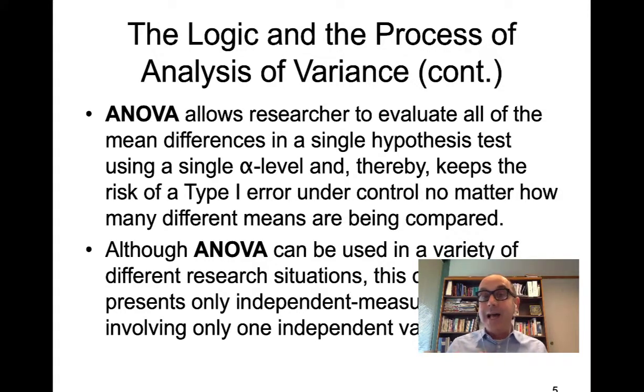Although ANOVA is used in a variety of different research situations, in this module I will present only the independent measurement design, with only one dependent variable. I will talk about two-way ANOVA later on, but it will not be in depth.